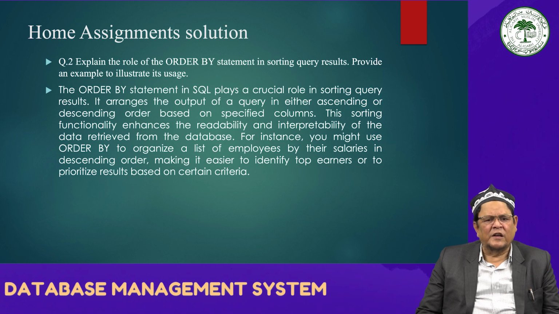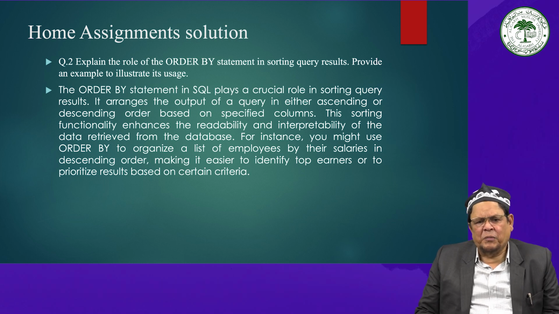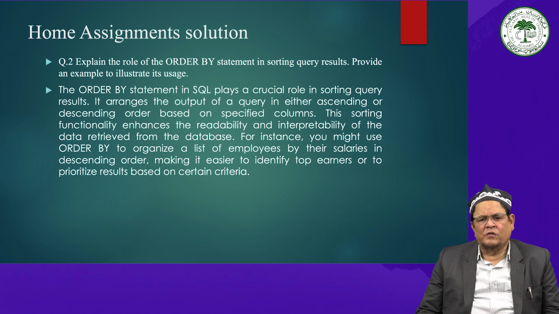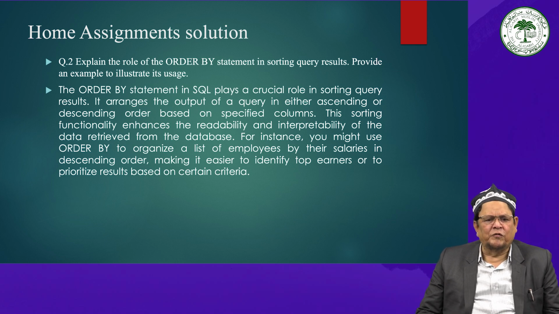The next question was, explain the role of the order by statement in sorting query results. Provide an example to illustrate its usage. The order by statement in SQL plays a crucial role in sorting query results. It arranges the output of a query in either ascending or descending order based on specified columns.